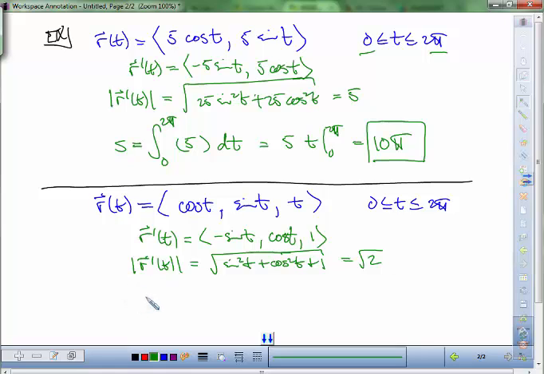And then your arc length is going to be the integral from a to b of the magnitude of r prime dt, which is just going to be, again, square root of 2 times t from 0 to pi.